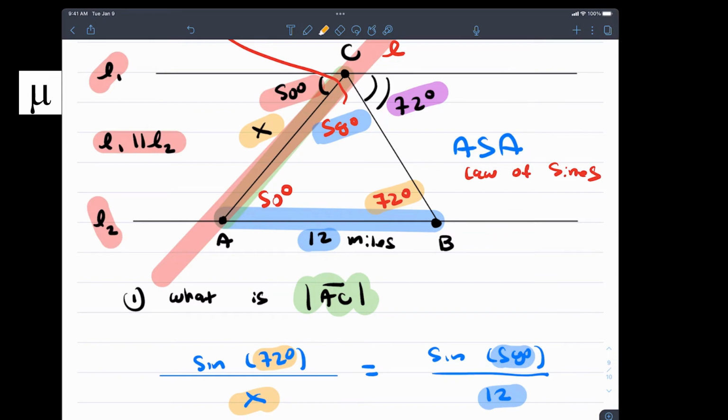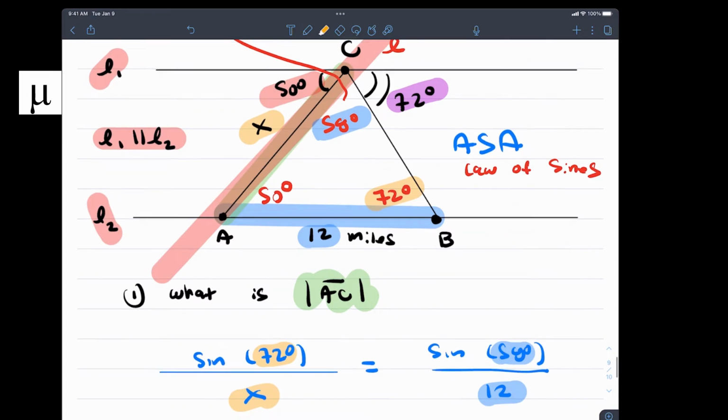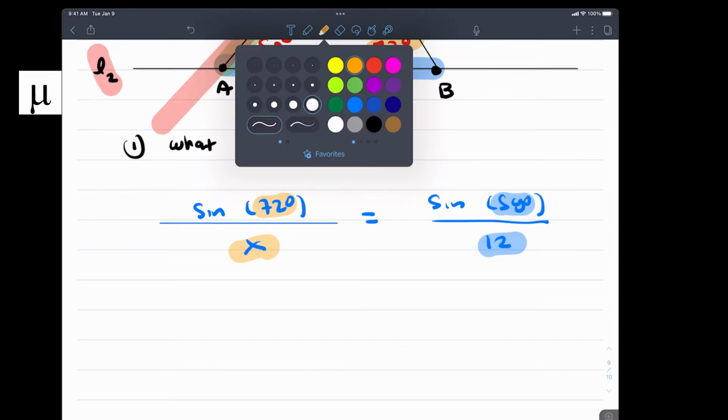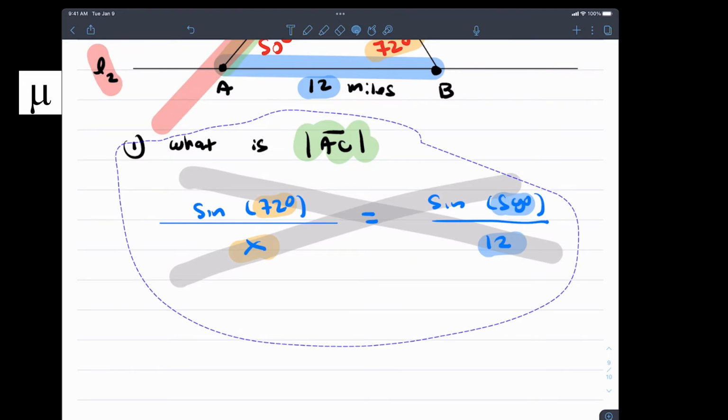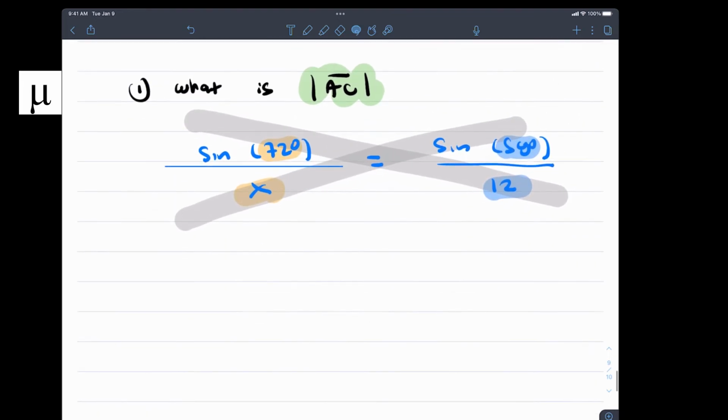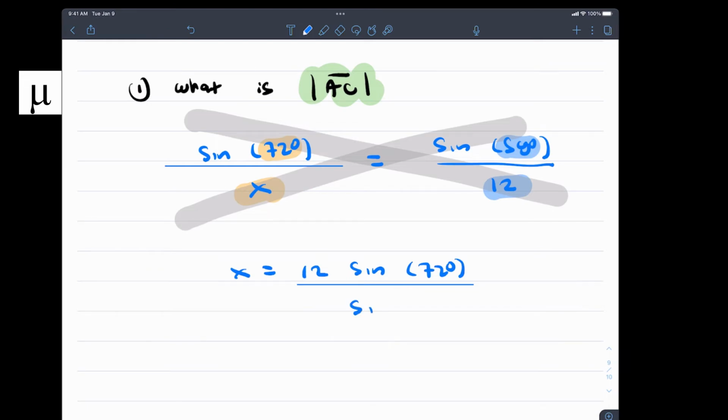Set them equal, then cross multiply. You guys like the colors? Sometimes they seem a little distracting. So X is 12 sine 72 degrees over sine of 58 degrees. There's X.